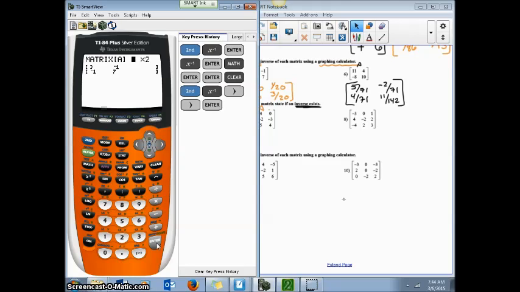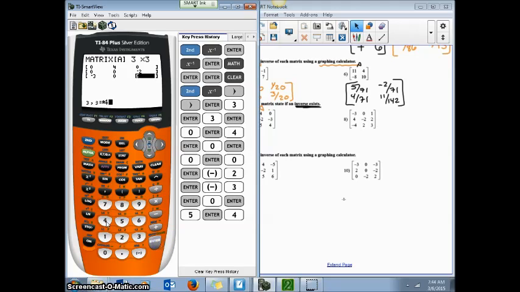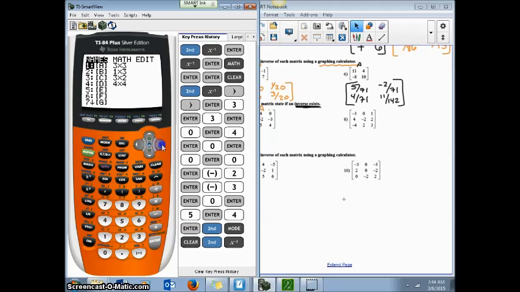So for 7, that is a 3 by 3. And then just put in all the information. Okay. Get out of that, and we're going to do the determinant. So find your determinant.